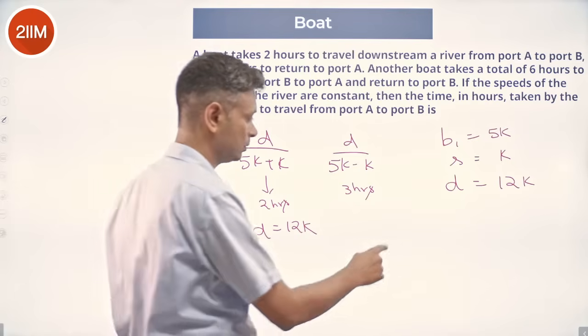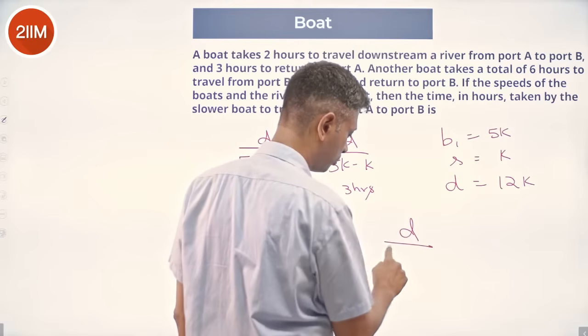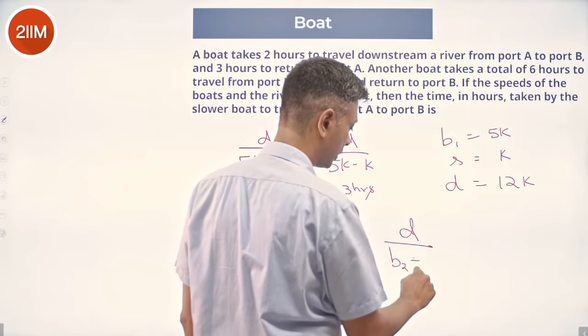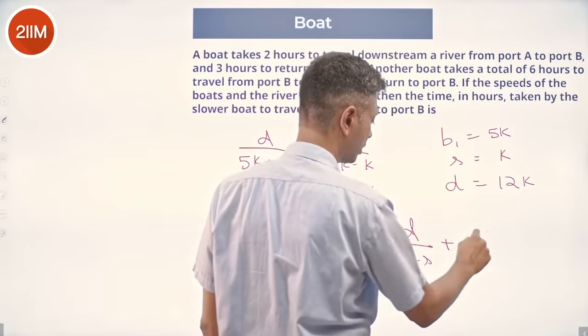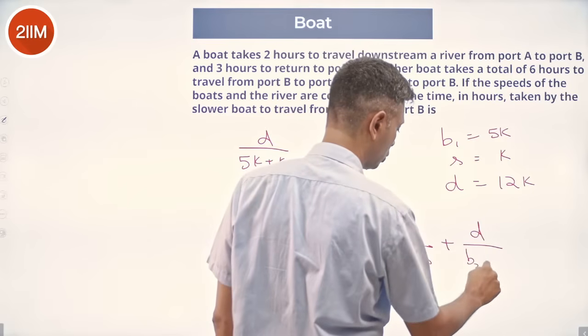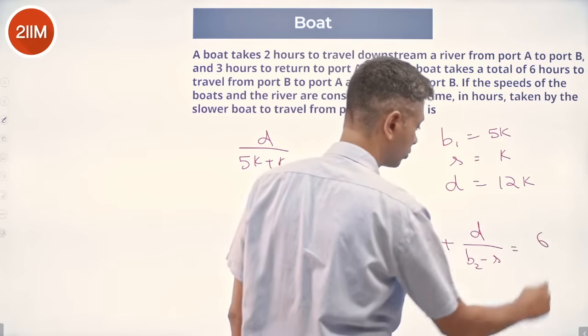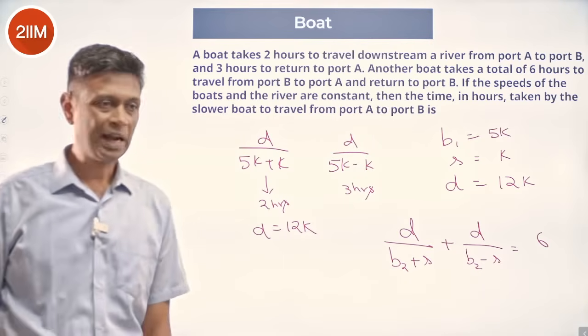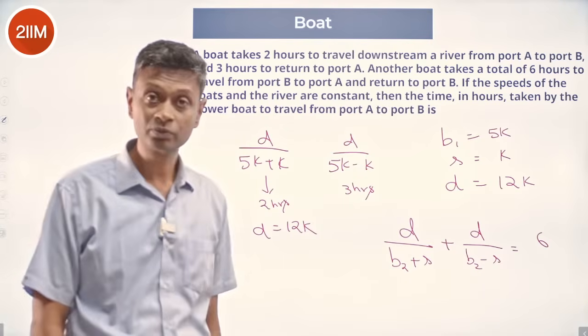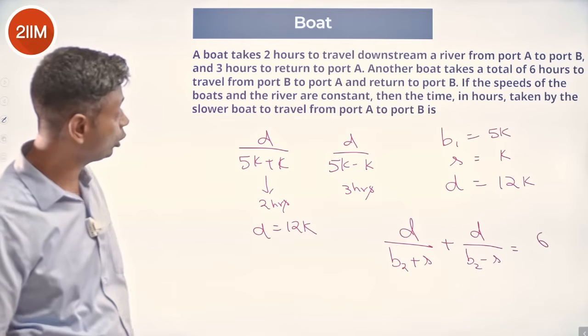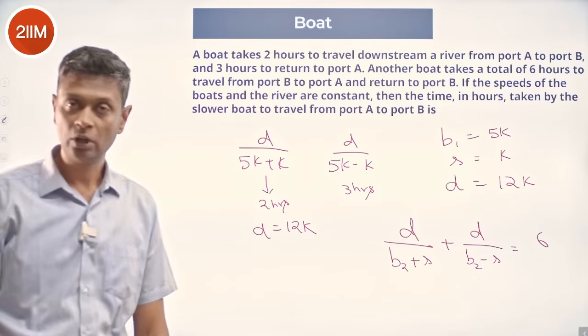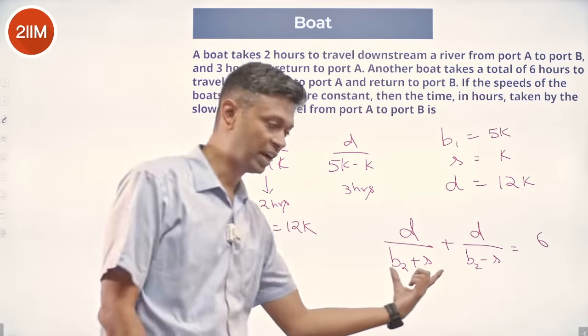We've got to say d by boat 2 plus stream plus d by boat 2 minus stream is equal to 6. And then solve for boat 2, and then the answer is time taken to go downstream, or the shorter time. This one is our answer.